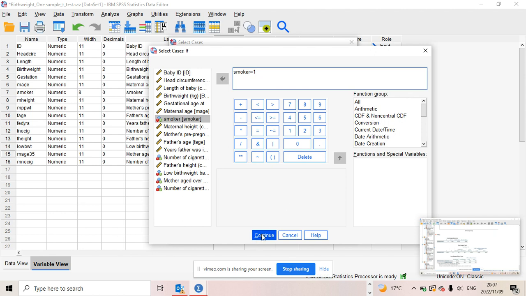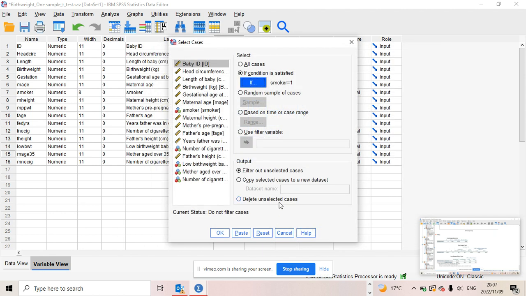Then you click OK. Now, what we need to do is copy the selected cases to a new data set. We don't want to mess up the old data set.